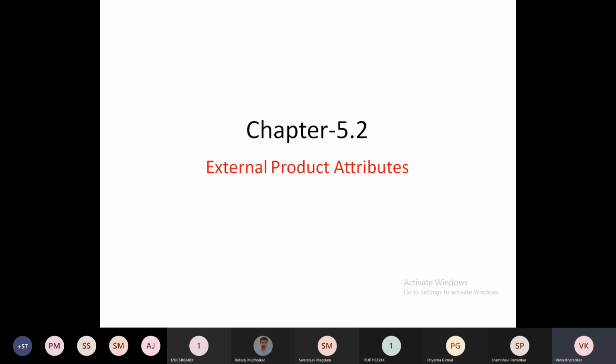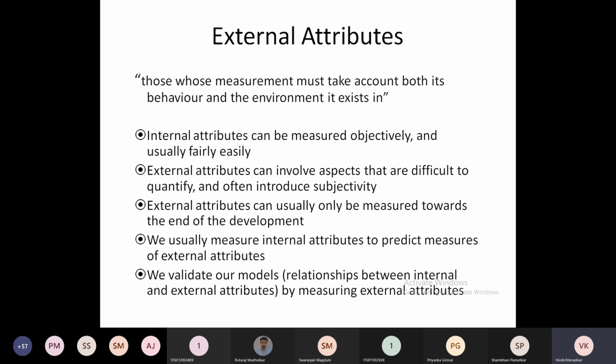The principal objective of software engineering is to improve software quality. So one of the most important measurements in software engineering is measuring software quality, and software quality is what we call an external attribute.